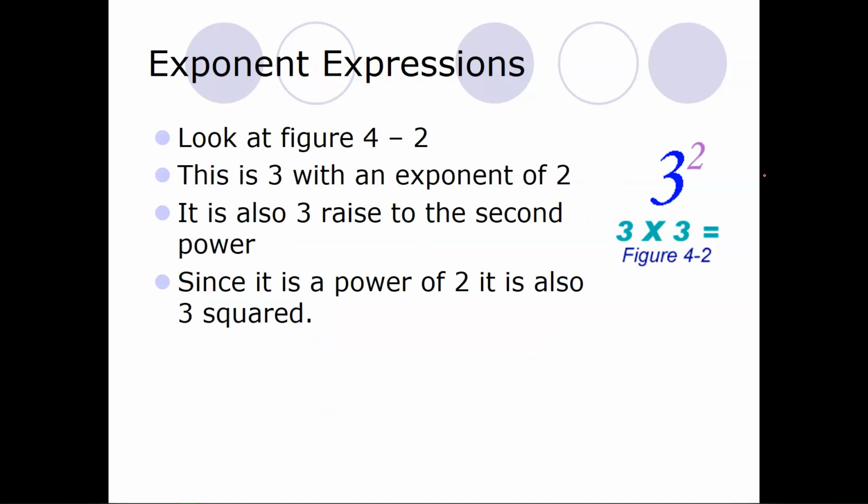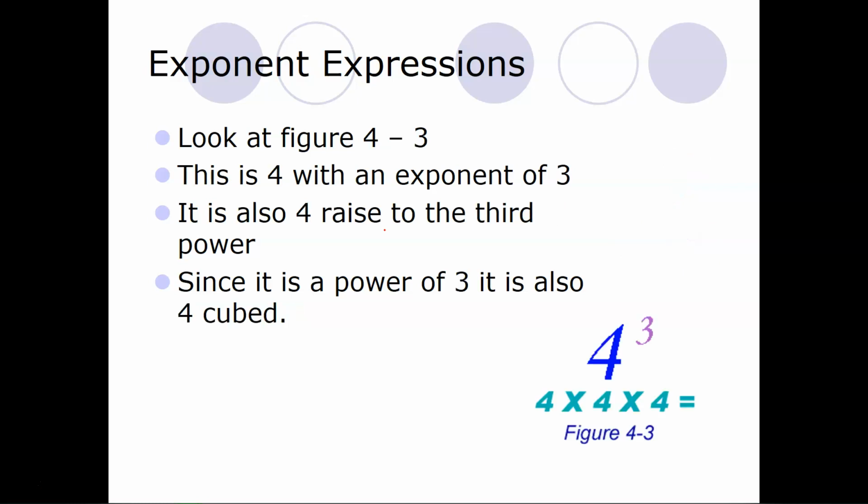So this is 3 squared, which is 9. A lot of different ways you can say it: 3 squared, 3 to the 2nd, so on and so forth. And then you have what's called the cube, which is 4 to the third, the number to the 3rd power.